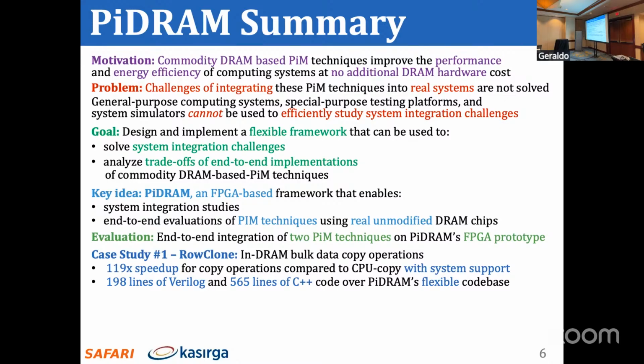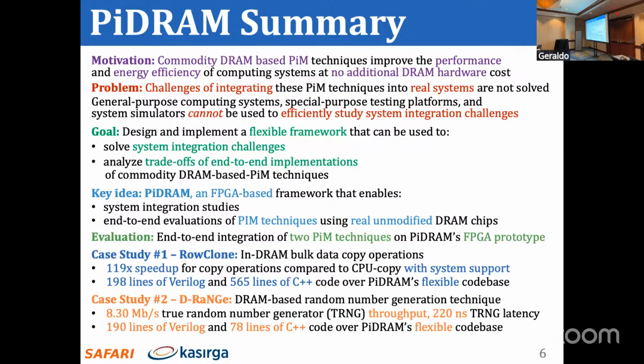But the good thing is we can do this case study with only a few hundred lines of Verilog and C++ code, which hopefully is nice. The second case study we did is to look at the end-to-end integration of a DRAM-based true random number generator. And I'll talk about them in more detail in the upcoming slides.